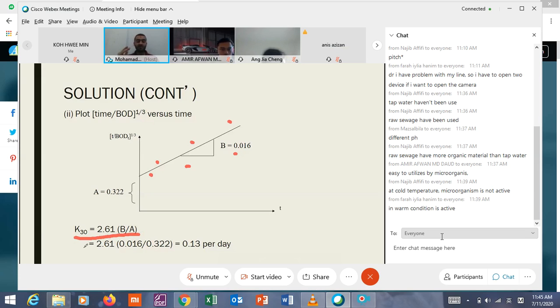Because from the beginning we are dealing with BOD at 30 degrees. Now, if the temperature changes, we have to find another value of K. If the temperature is 20, we have to find another value of K. From the beginning, K was at a temperature of 30.